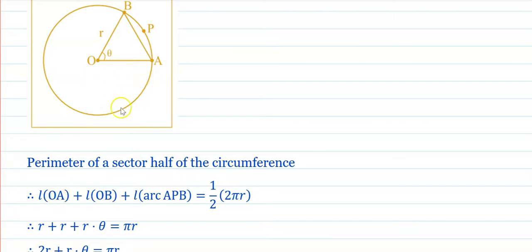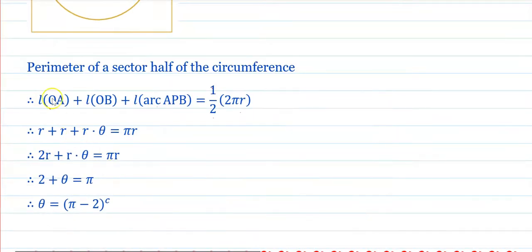Therefore, length of OA plus length of OB plus length of the arc AB is the perimeter of the sector, and that is equal to 1 upon 2 in bracket 2 pi r. Here 2 gets cancelled. OA is r, OB is r, and the length of the arc is r into theta. That is equal to pi r. r plus r becomes 2r, plus r theta is equal to pi r.